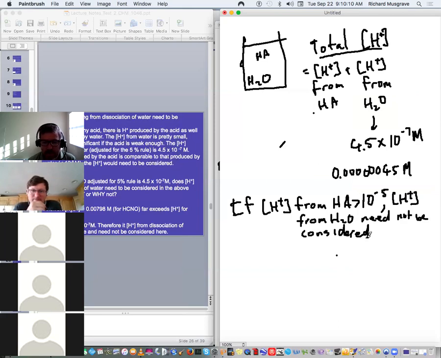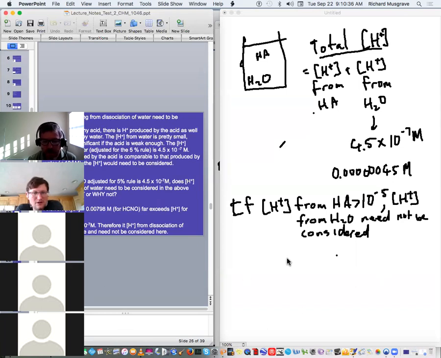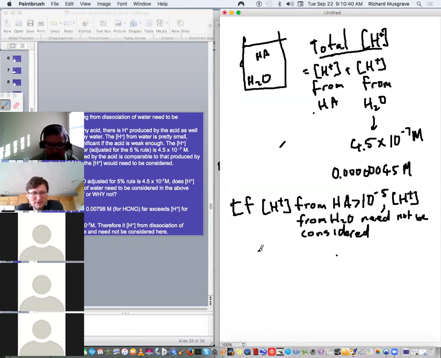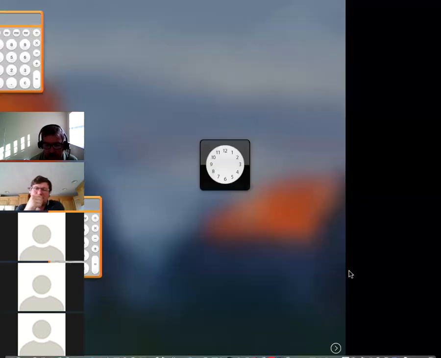Does anybody have any questions about that? So going back to the previous example, and I've got the answer here on the slide, if H3O plus is 0.00798, which is what we got previously in the previous part of the problem, you can see that if I was to take 0.00798 and add it to 0.00000045, my answer would still be 0.00798 once I took significant figures into account.